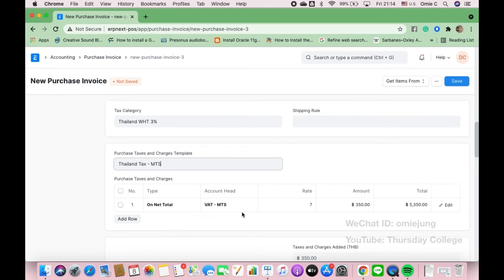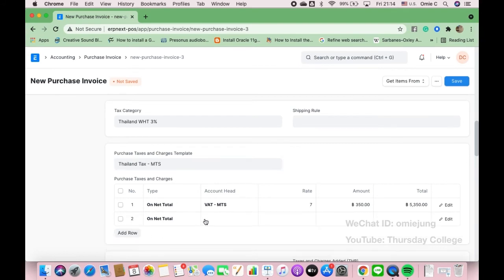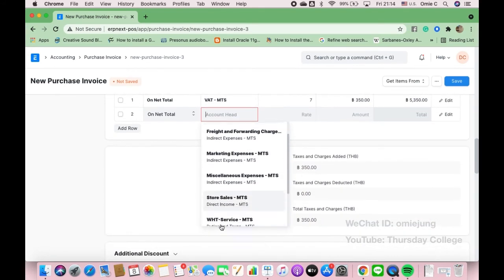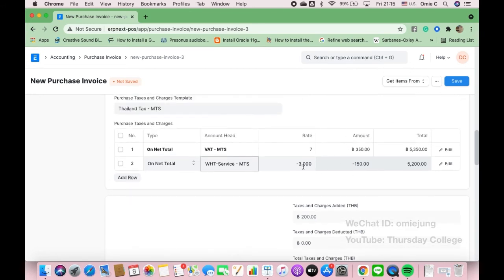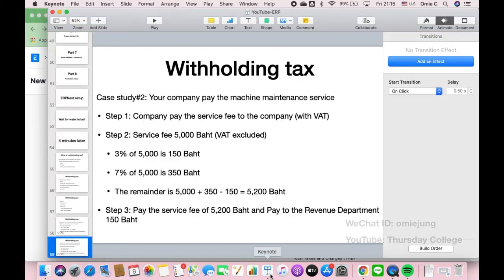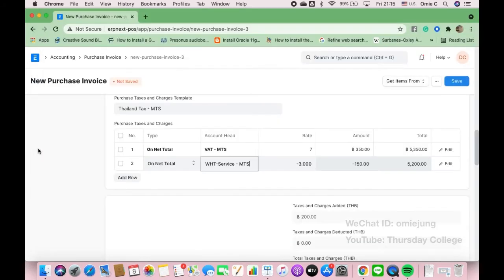The VAT is added up, and then you add the account head of the withholding service, and it's going to subtract 3%. When you subtract 3%, it goes to 5,200, exactly what I showed you in the calculation.